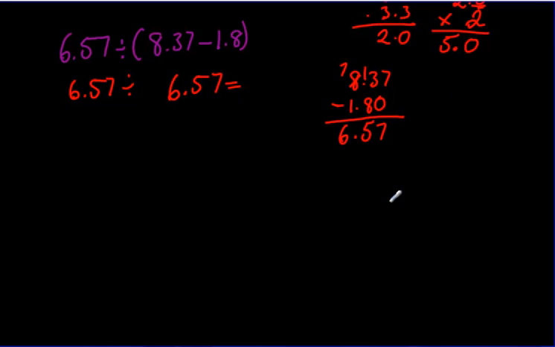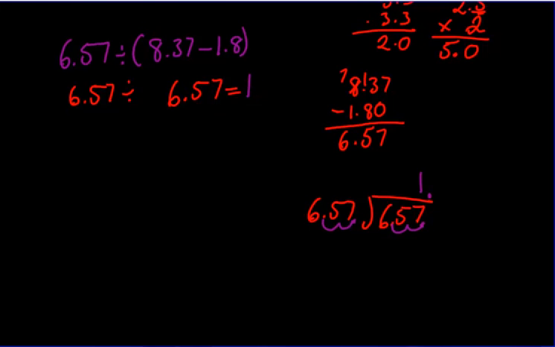So if I go 6.57 divided by 6.57 and do this mathematically, I would move my decimal place over 2 places to get a whole number in my divisor. 657 goes into 657 how many times? Once. My answer is 1. And that's how you do order of operations with decimals.